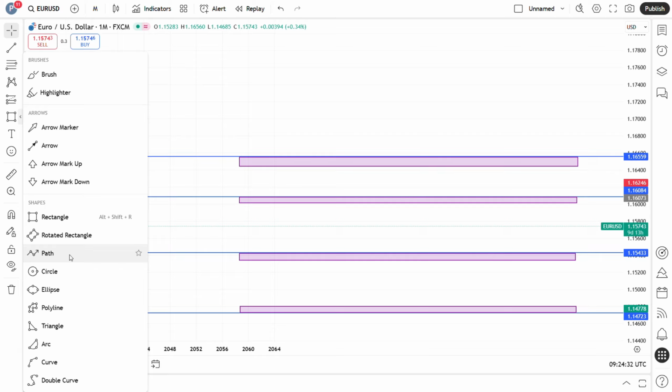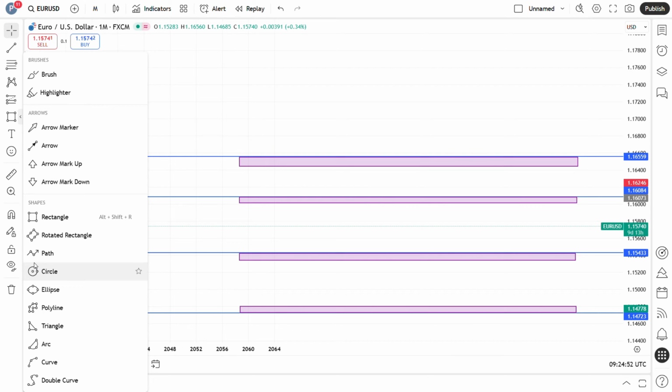A very simple way to understand support and resistance is you have to mark your zones. You can use rectangles to mark your zones. Support is basically a zone that the market fails to break below.